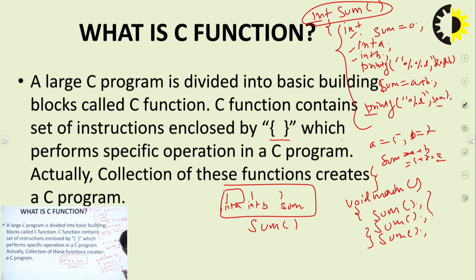That's a very big use of functions. Within the curly braces we have written statements which come under sum. This is our function, and this is our main function. It is mandatory to have a main function. Without a main function, our program cannot be executed at all. It is very important in our program.